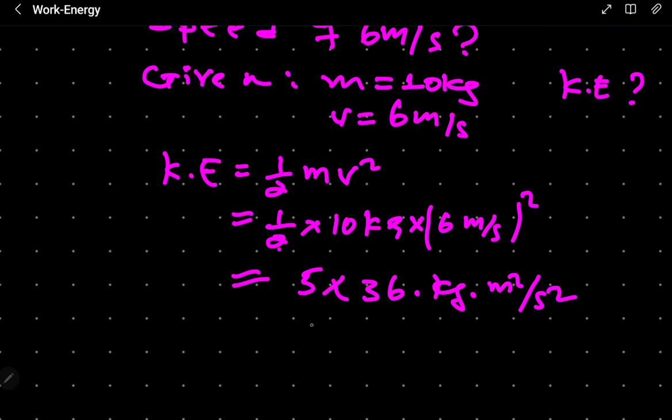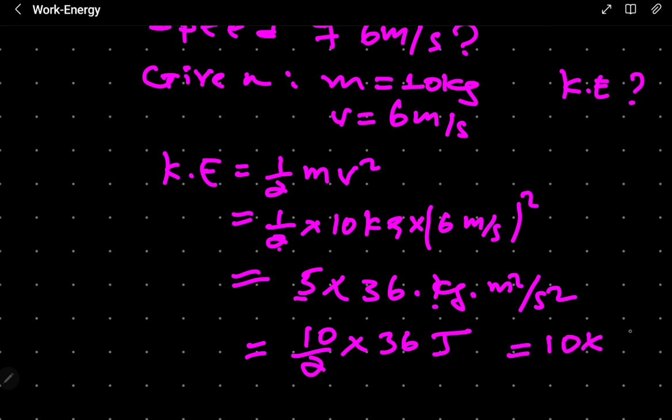You can simplify this as 10 over 2 times 36 kilogram meter squared per second squared, which is joule. So this is equal to 10 times half of 36 is 18. So the energy possessed is 180 joule.